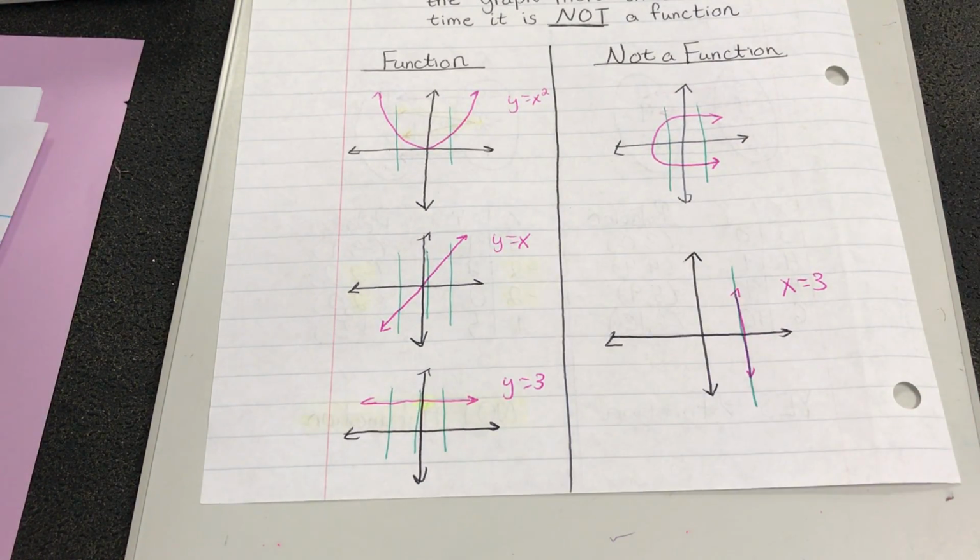All right, so you have functions over here on the left and the graphs that are not a function on the right. If you pay attention, the black is just my x-axis and my y-axis. The pink is my graph.